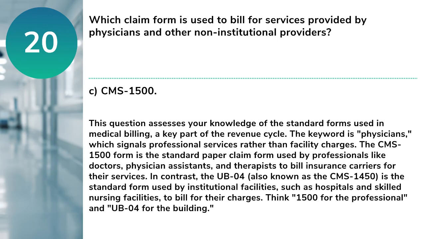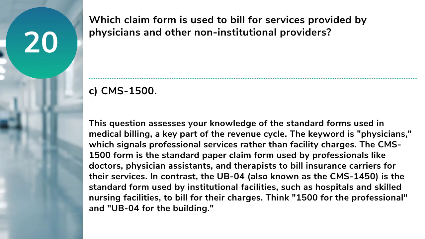Answer: C. CMS 1500. This question assesses your knowledge of the standard forms used in medical billing, a key part of the revenue cycle. The keyword is physicians, which signals professional services rather than facility charges. The CMS 1500 form is the standard paper claim form used by professionals like doctors, physician assistants, and therapists to bill insurance carriers for their services.